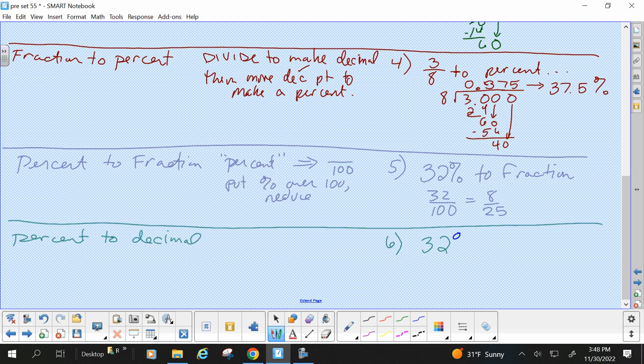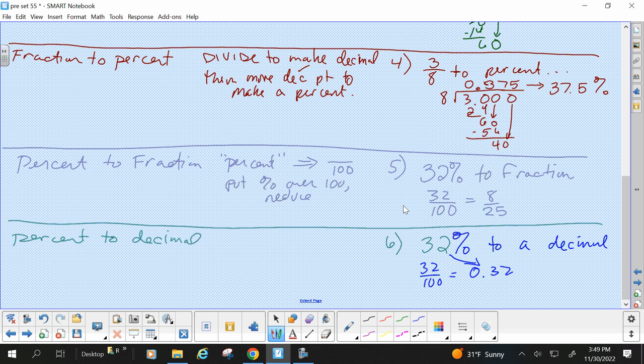Yeah, sure, why not? 32% to a decimal. Well, remember, percent means hundredths. So 32% is the same as 32 hundredths, which as a decimal is 0.32.